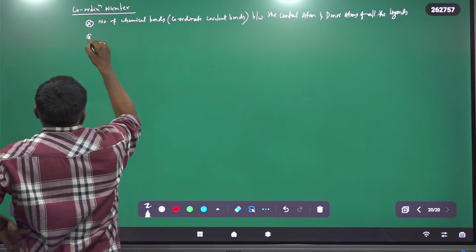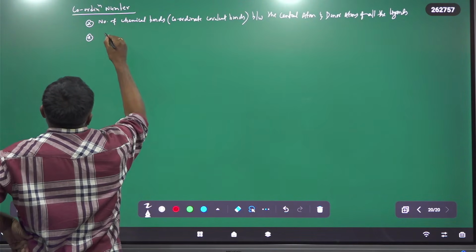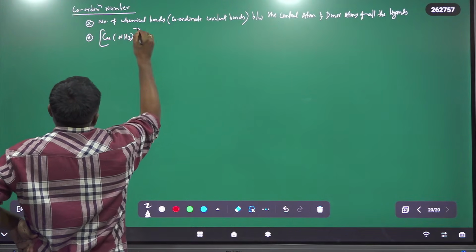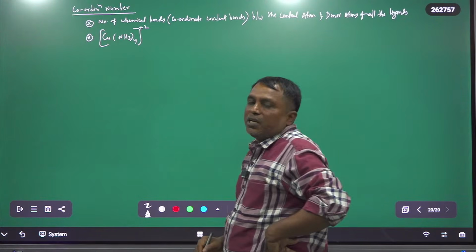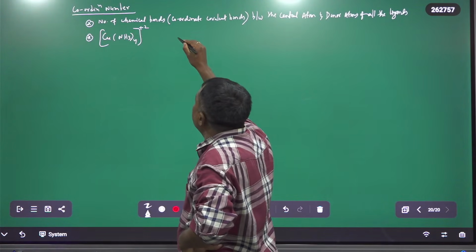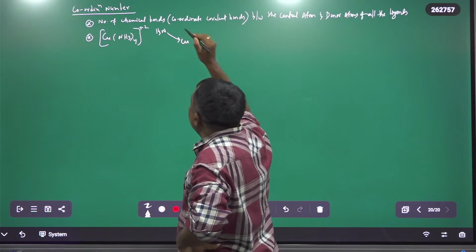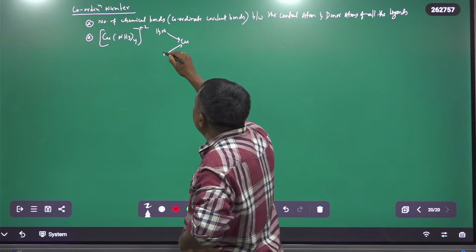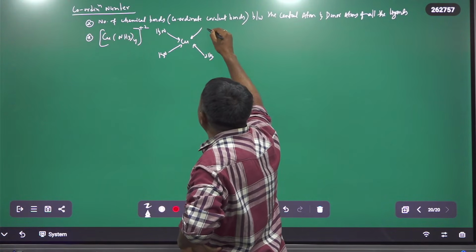For example, let us see [Cu(NH3)4]2+. How many bonds are there between the copper and the surrounding ligands? 4 ligands. This is the central atom and this is the coordinate covalent bond between the central atom and one NH3. This is the second one, this is the third one and this is the fourth one.